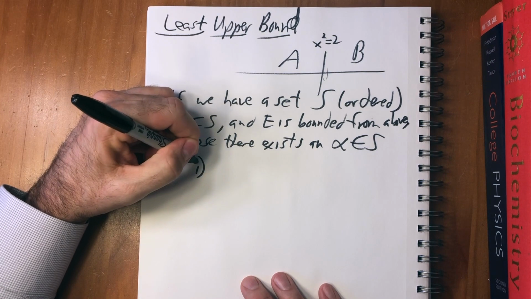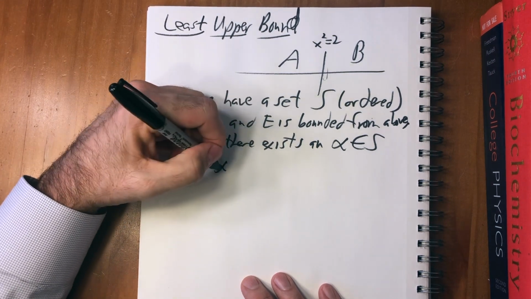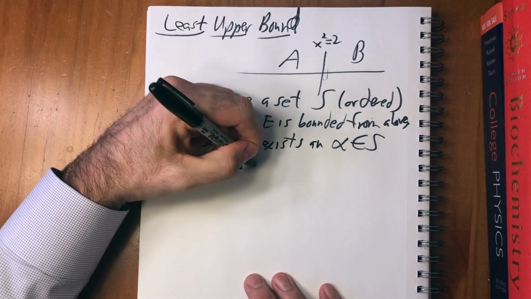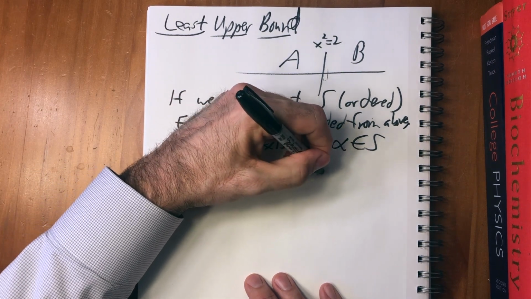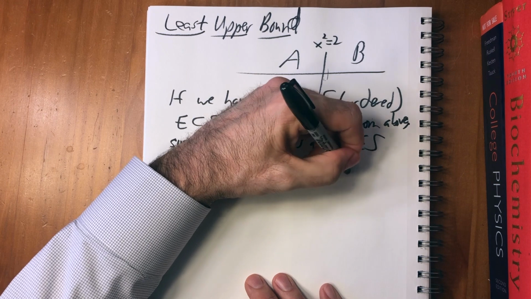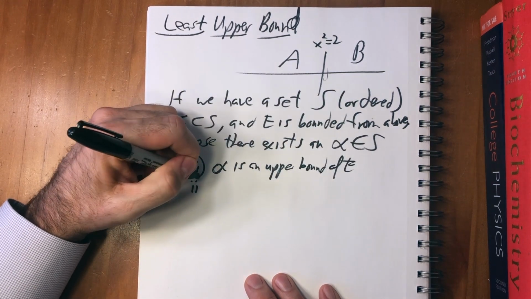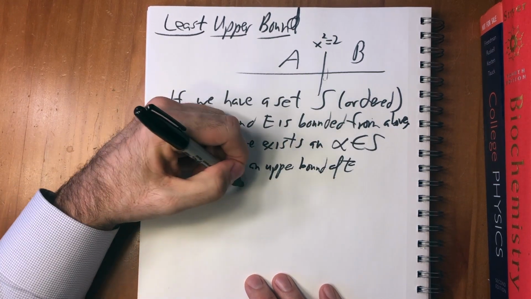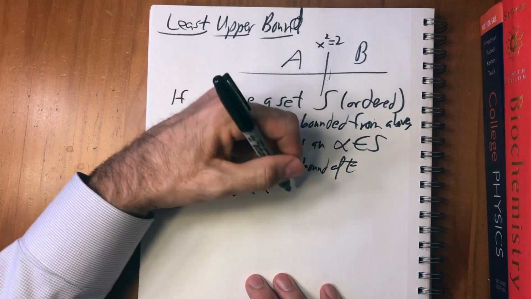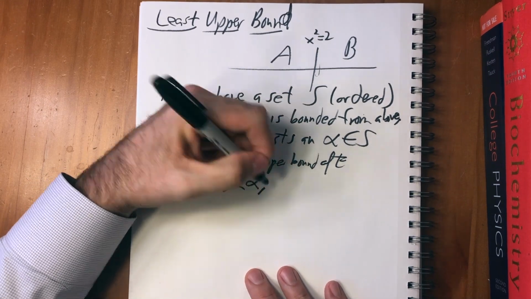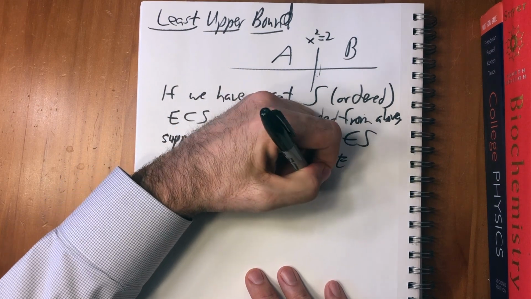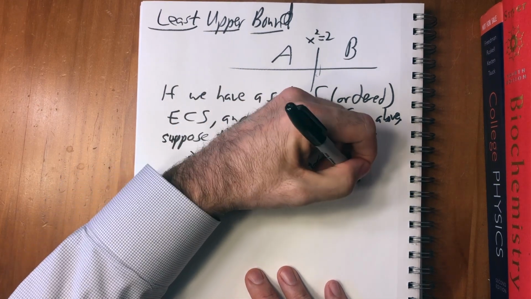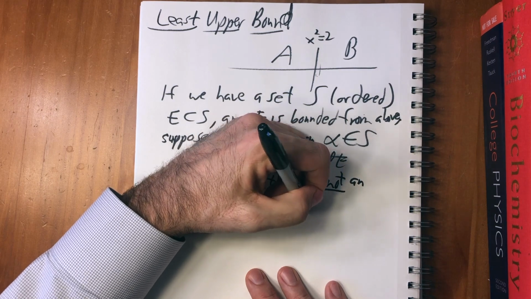One, that it's an upper bound of E. And two, that if you have any gamma less than alpha, then gamma is not an upper bound.